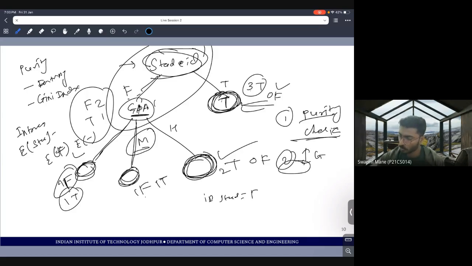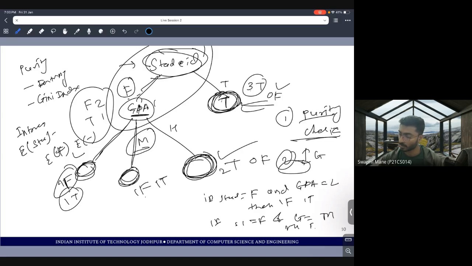If studied is equal to F and GPA is equal to low, then it is 1F, or that is 1F and 1T. If studied is equal to F and GPA is equal to M, then it is 1F and 1T, like this way. So this is how we can also write it in a rule-based way.